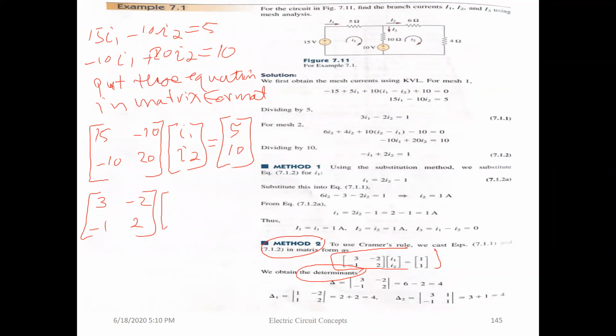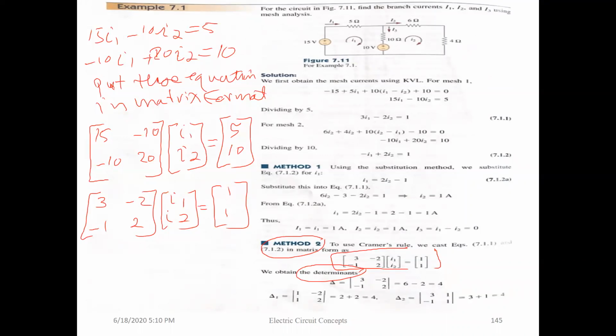And I1, I2. And the right-hand side, since we divide the first equation by 5, it will be 1, and this one will be 1. The first equation is divided by 5 because there's a common value, and the 10 is a common factor, so we divide by 10 on both sides.